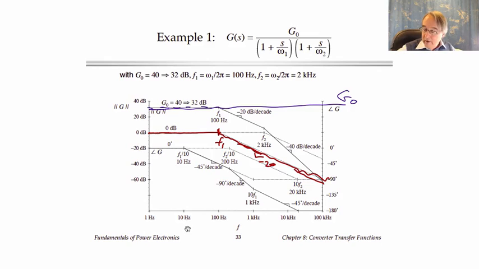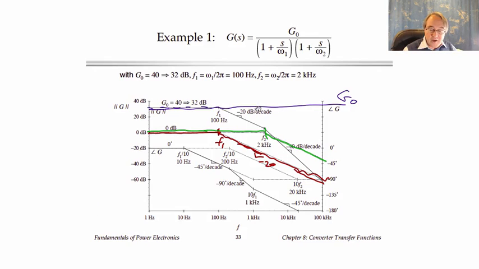Then our second pole at frequency F2 of 2 kilohertz, let's see, there's F2. This one has a 0 dB asymptote until we get up to F2, and then it has a minus 20 dB per decade slope after that.